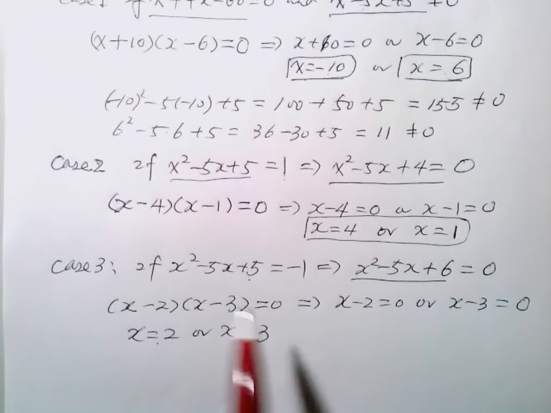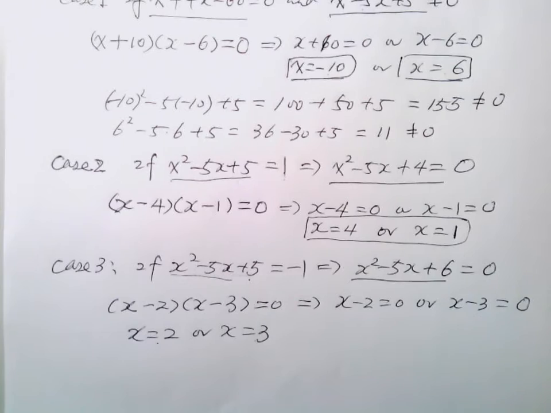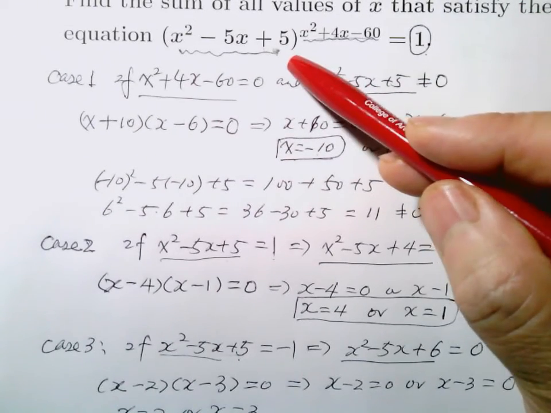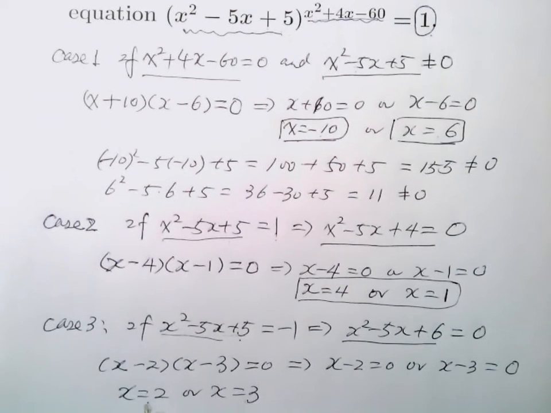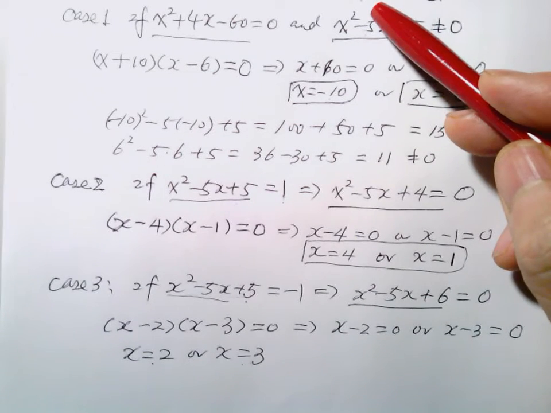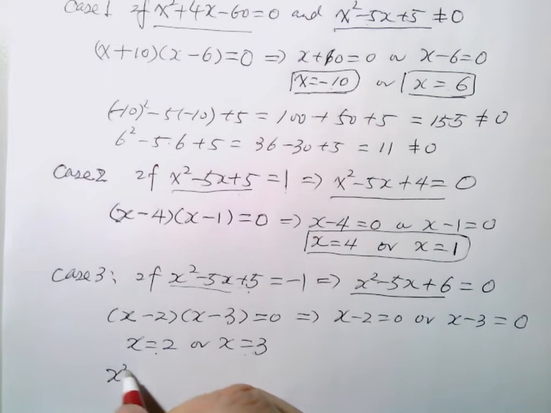Both numbers will make this expression, which is the base of the original equation, equal to negative 1. Now we want to verify whether x equals 2 or x equals 3 will make the exponent an even number. We have x squared plus 4x minus 60.